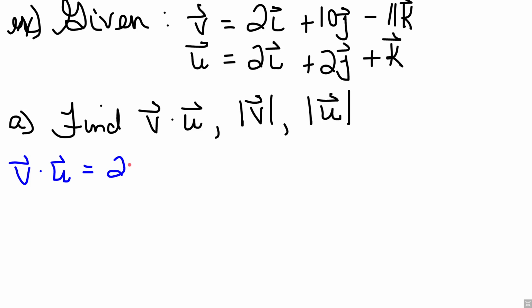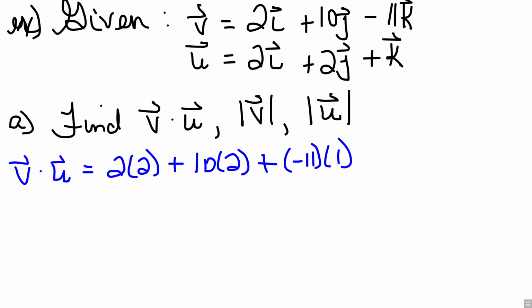So we're going to do 2 times 2 plus, what's the next two things we're going to multiply together? 10 and 2. And then plus, what's the last two things? Negative 11 and 1. If I multiply this out and add it together, what value will I get? 13. So that would be the dot product of this.